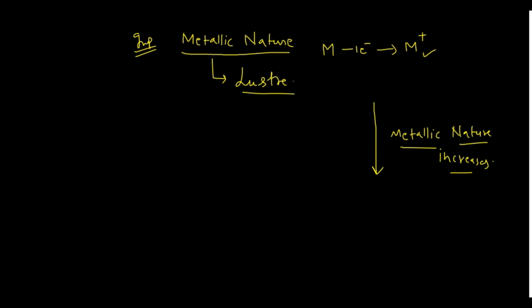That means there would be less attraction between the nucleus and the outermost electron. That means the effective nuclear charge decreases, which sets the outermost electrons rather loosely bound to the nucleus. That means you can very easily remove them, and when you can easily remove the electron, the metallic nature increases down the group. You should remember this particular point.